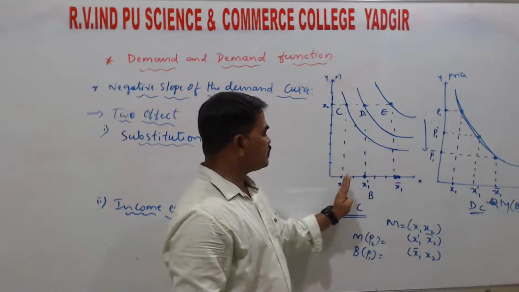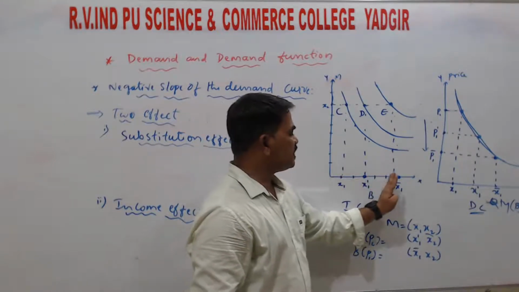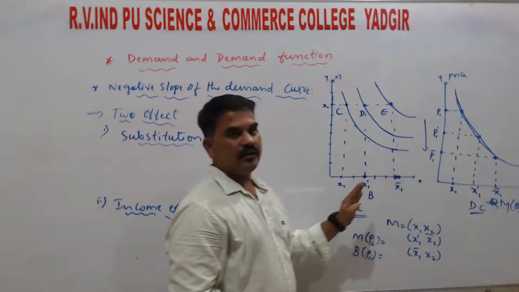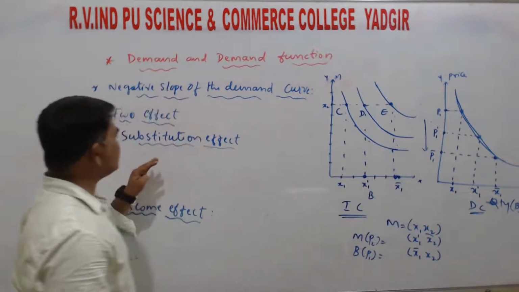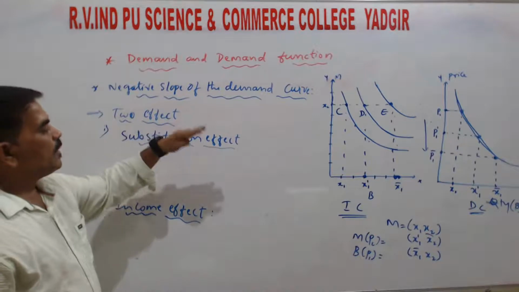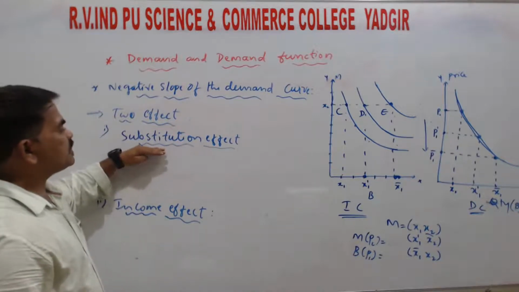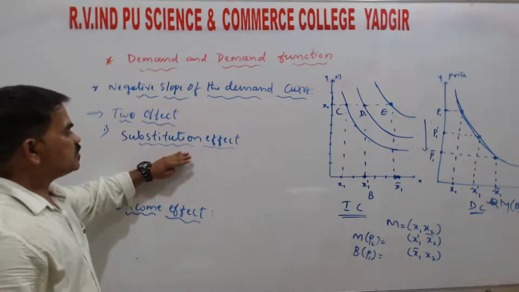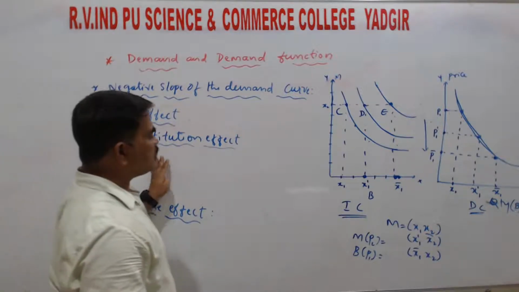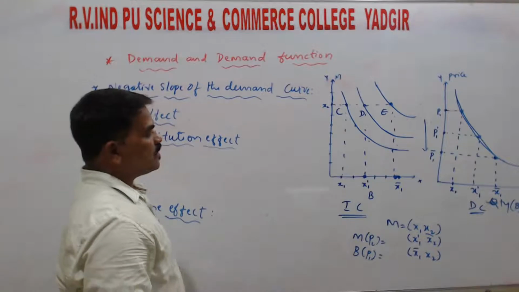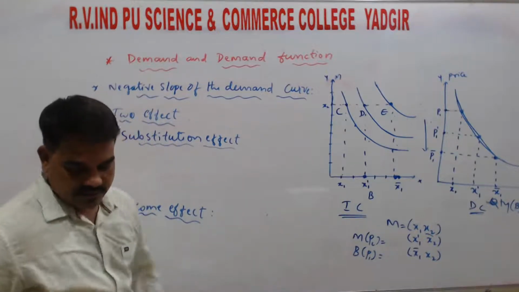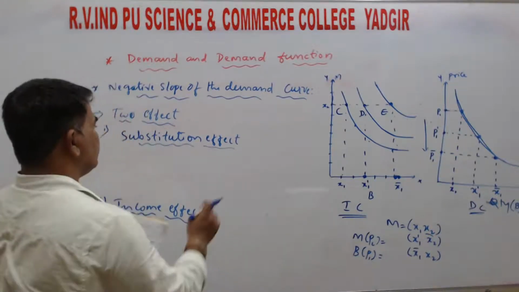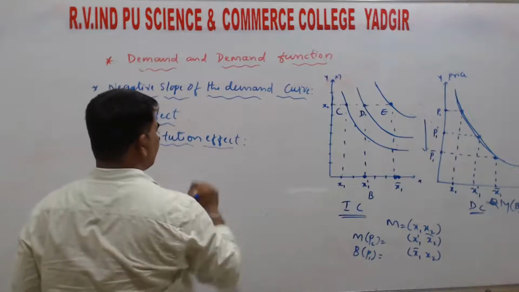He is substituting from this quantity to this quantity, and that is why we get the negative slope. Here the consumer is substituting bananas for mangoes because of the price change. That one effect we call the substitution effect.